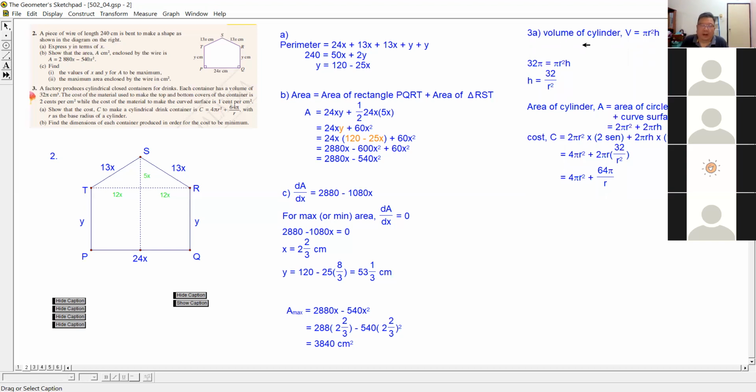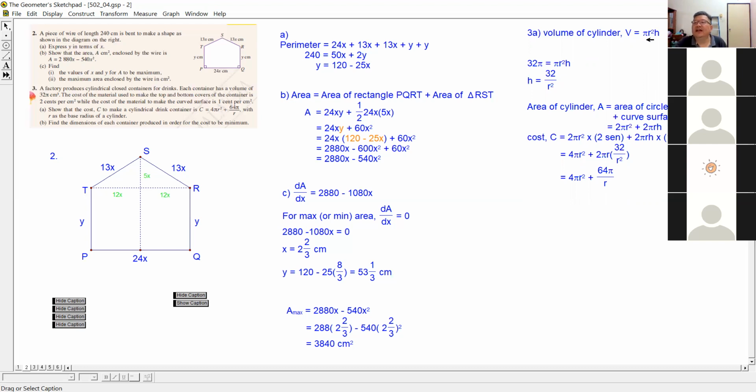Cylinder. Now, when you talk about cylinder, there are 2 things that you need to know about the cylinder: the volume of the cylinder and the area of the cylinder. So you must know both quantities, the formula for both quantities. The first, the volume. So what is the formula for the volume of the cylinder?